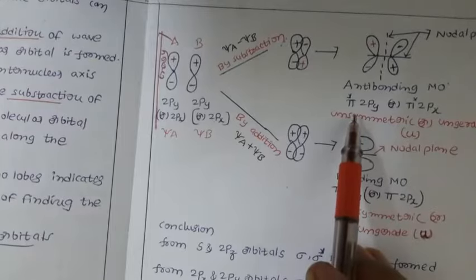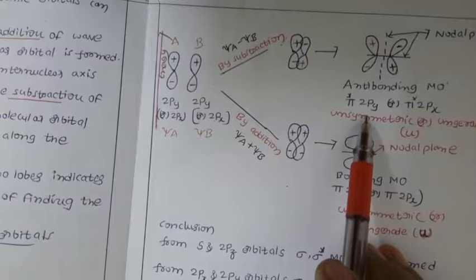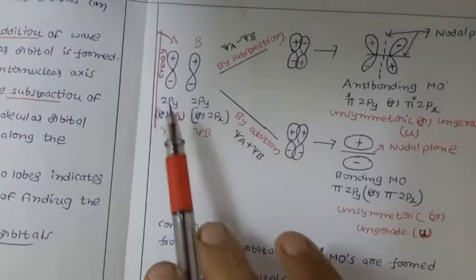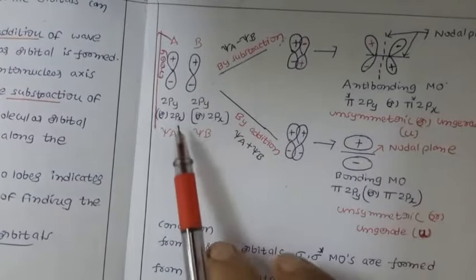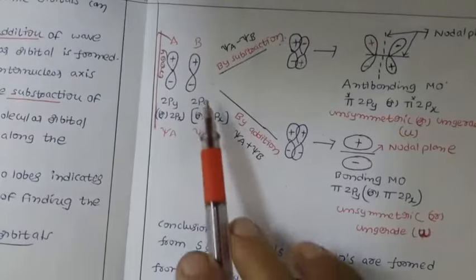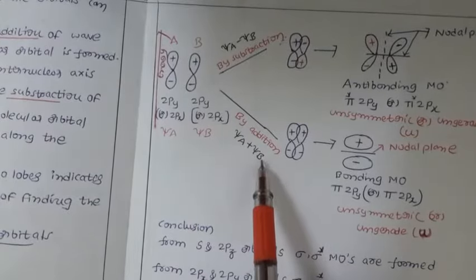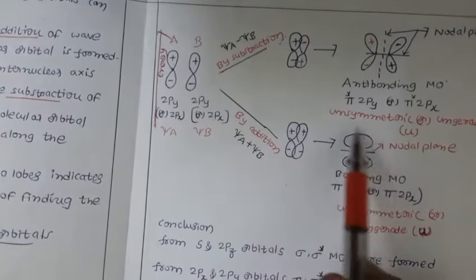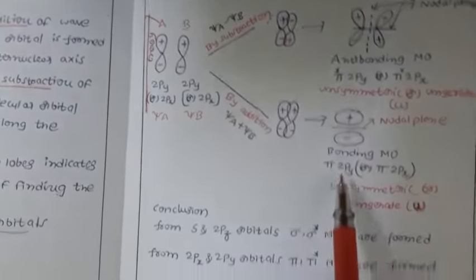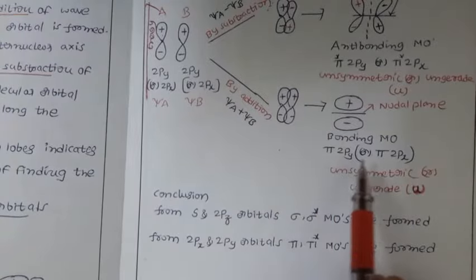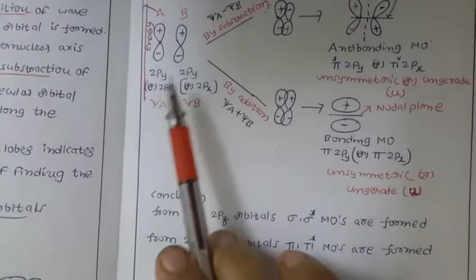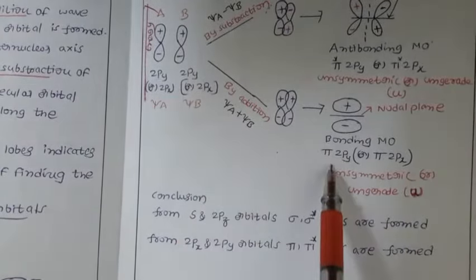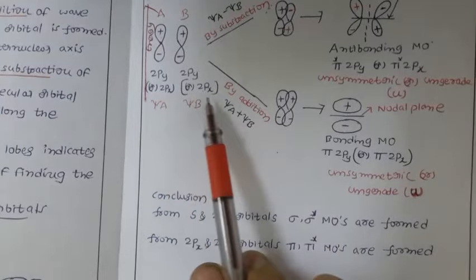The representation is pi star 2py if it is formed from 2py, or pi star 2px if it is formed from 2px. If the orbital wave functions are added, you are getting the bonding molecular orbitals. The symbol is pi 2py or pi 2px, because if it is formed from 2py you get pi 2py, and if from 2px you get pi 2px.